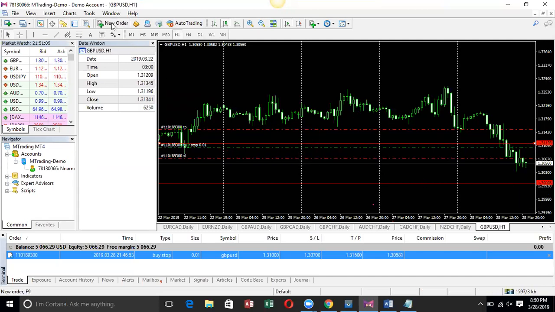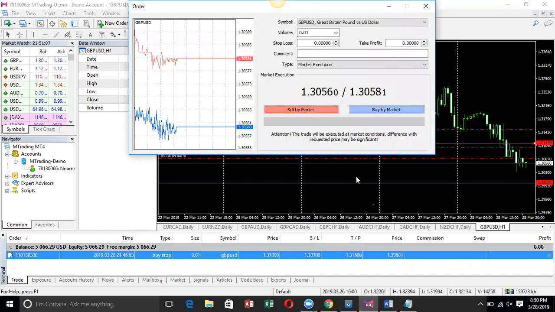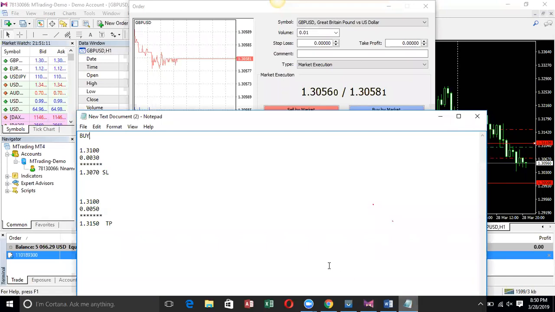We go to new order. Let's work out our stop loss and our take profit first. In this case, we are selling. This is sell now. Our ask price is 1.3000.